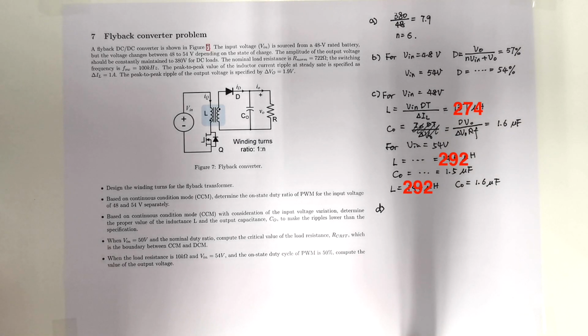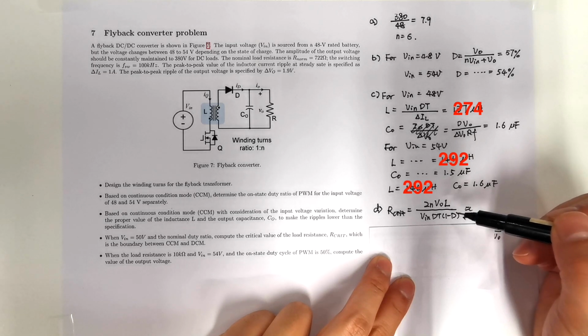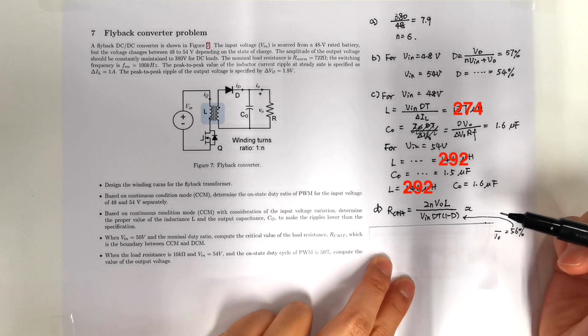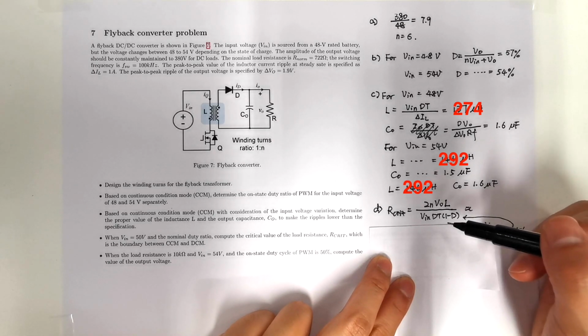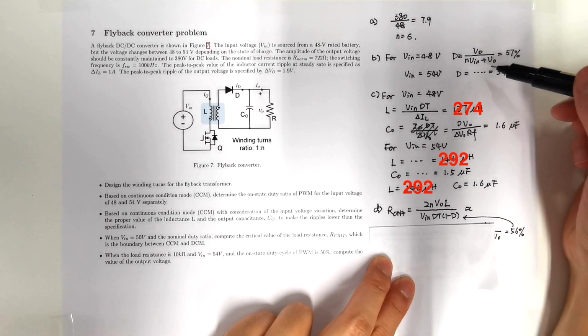The fourth question asks us, when our input is 50 volts, what's our critical resistance? We use this formula, 2N times V out times L divided by V in d T times 1 minus D, to calculate the critical resistance. The only thing we don't know in this equation is the duty, which we didn't calculate in question 2.